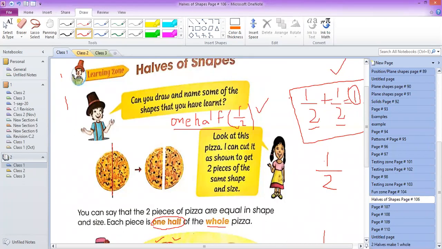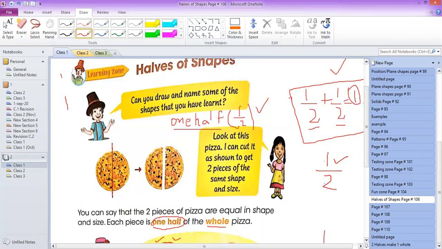How much did you eat? I ate half a pizza. Half a pizza means out of two equal parts, I ate one part. There were a total of two pieces of the pizza, of which I ate only one. This is half. So one half we represent as 1 over 2.